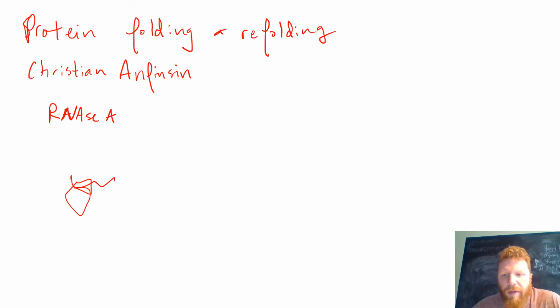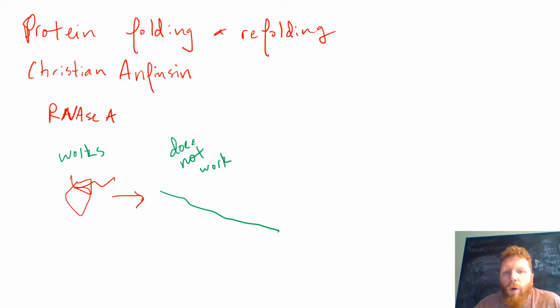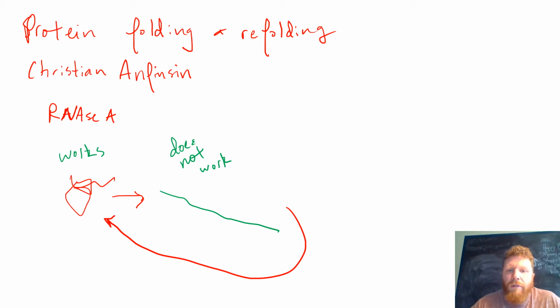And I also want to know basically, if I disrupt this protein, if I take it from that 3D folded structure to a linear, denatured structure, well, I know that this works, this is functional, this does not work. But what if I could get it to go back into this 3D structure? Would this work? And the work that he did was to basically illustrate that yes, indeed, you could do that.